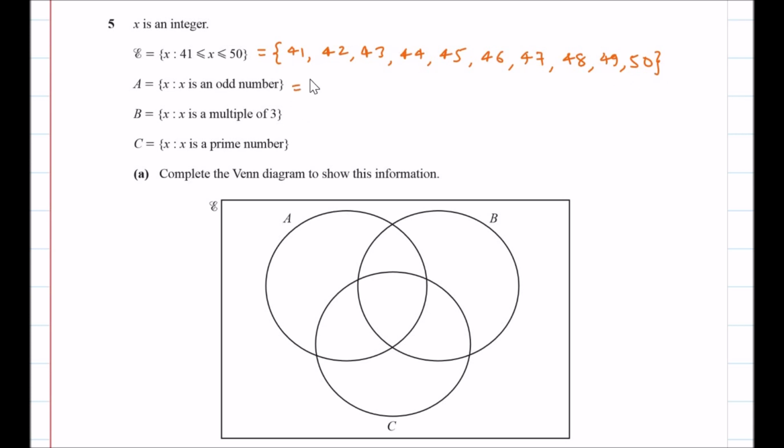Close the braces. For A we can write odd numbers. So from this list, what are the odd numbers that we'll be writing here? So 41, 43, 45, 47 and 49.